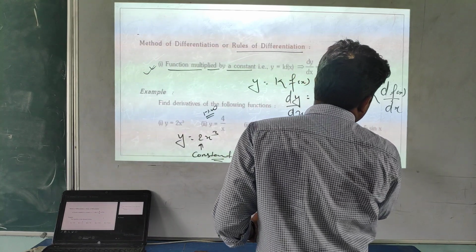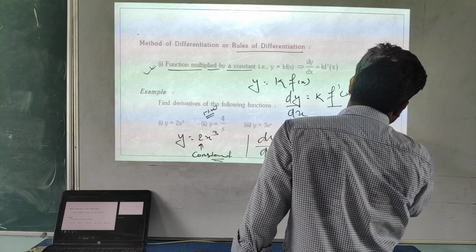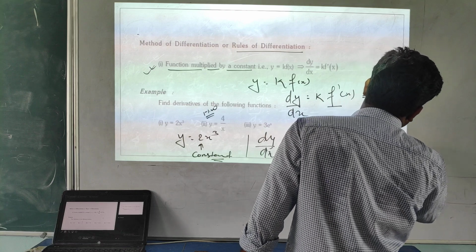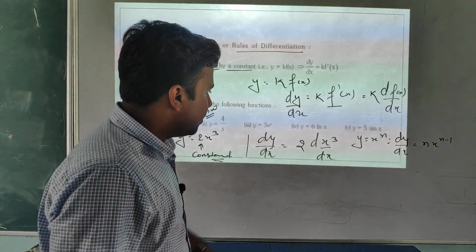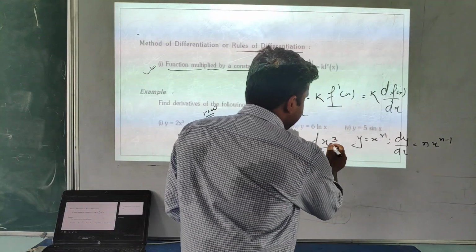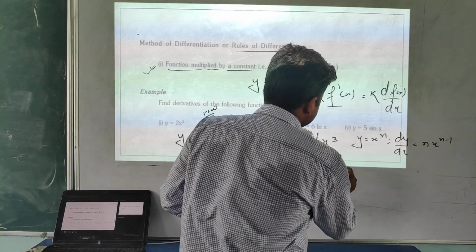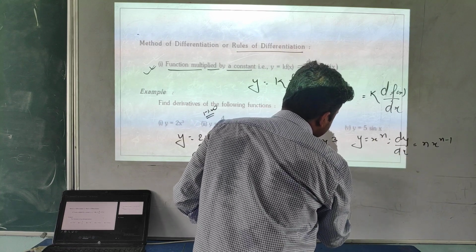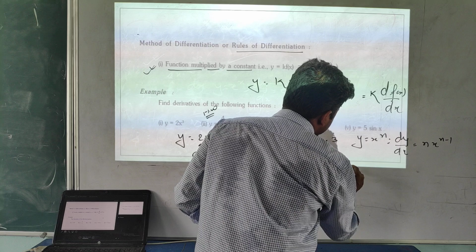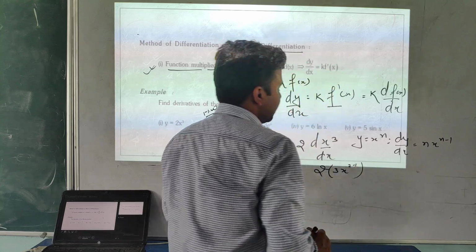If we have y equal to x to the power n, then dy by dx, what are we getting? n into x to the power n minus 1. Now we will put here, n is 3. So what you can write, 2 into 3 into x to the power 3 minus 1.